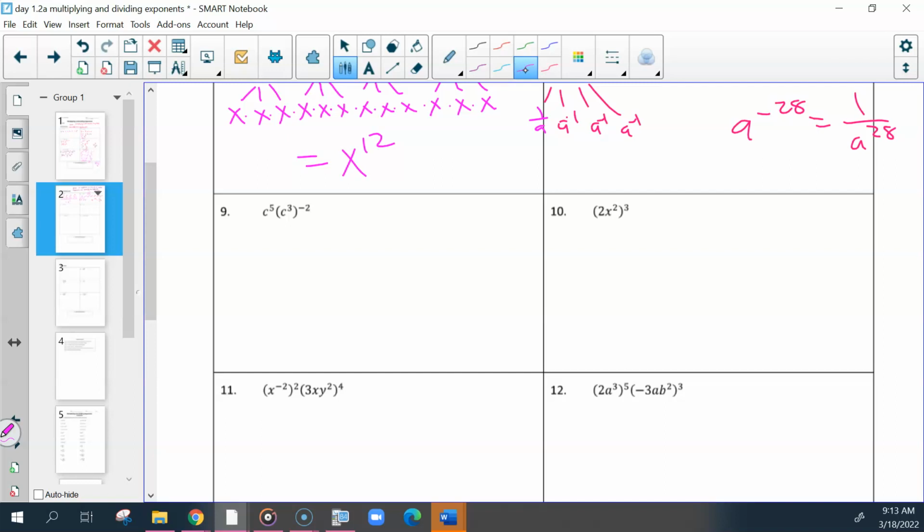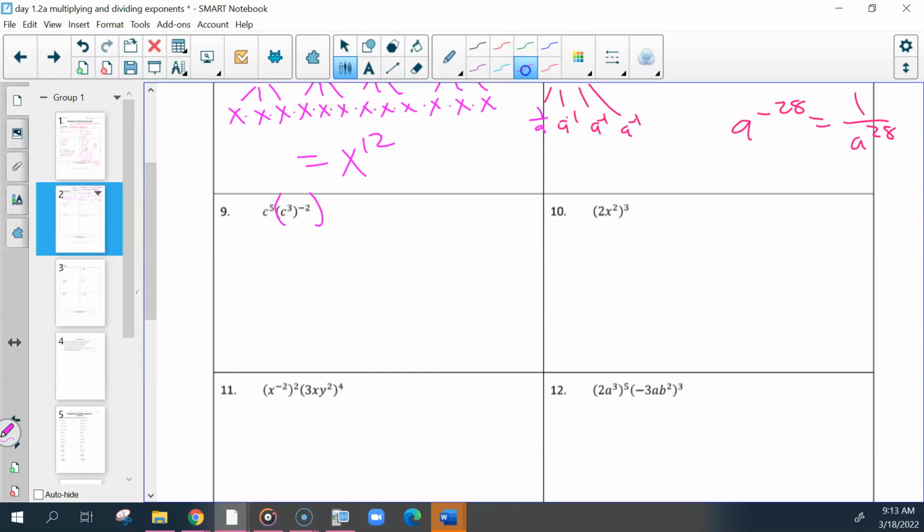When you have things like this, you have to think about your order of operations. Which would come first? Raising something to an exponent. So we would need to worry about this before we deal with that c to the 5th on the outside.